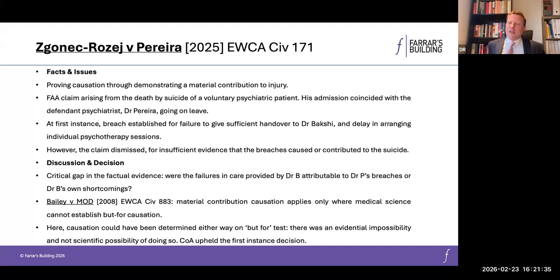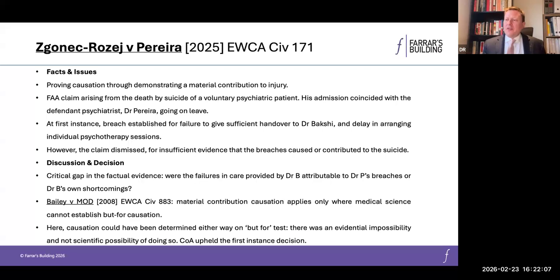The deceased had come back into practice in London from practicing in The Hague and had experienced anxiety about that and sleep disturbance, and had been diagnosed with a bipolar affective disorder by Dr. Pereira. And the deceased's admission as a voluntary psychiatric inpatient really unfortunately coincided with Dr. Pereira going on leave for about 3 weeks.